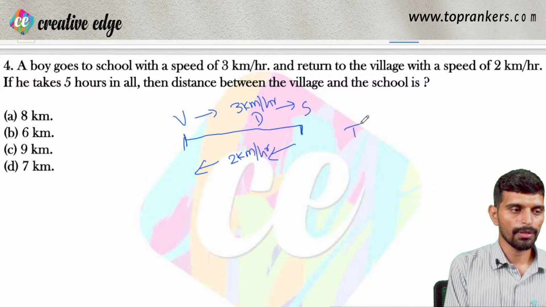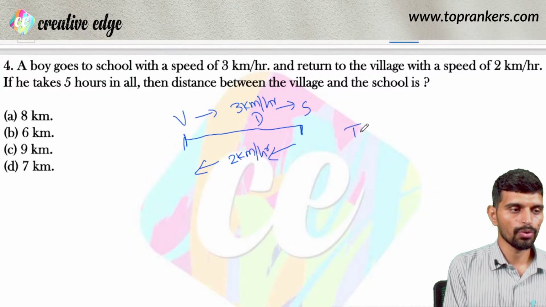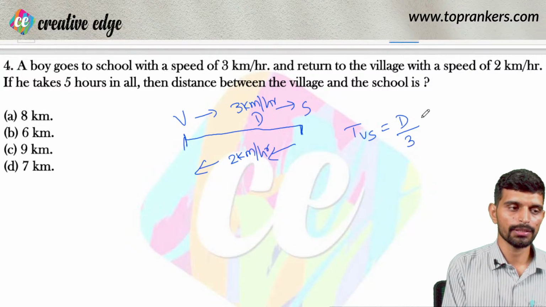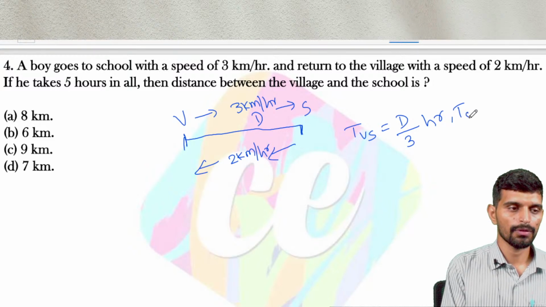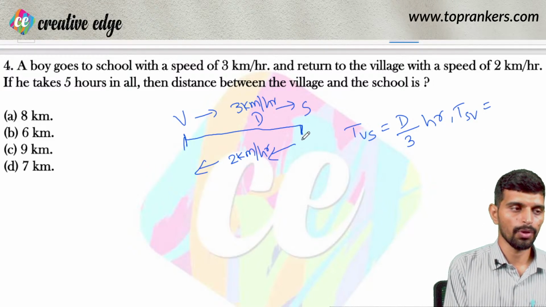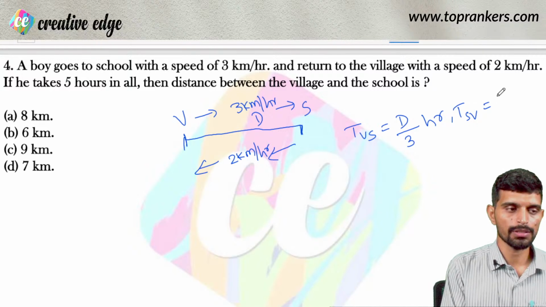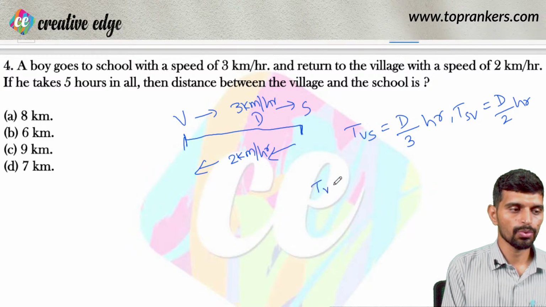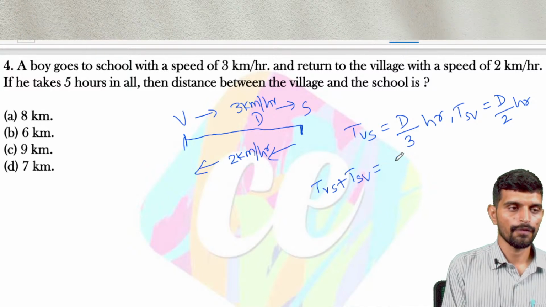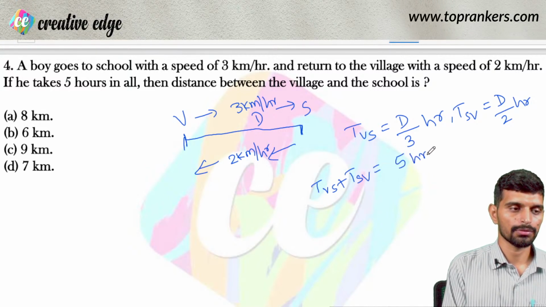So time taken in going from village to school will be distance by speed, that is d by 3 hours, and time taken when the boy is going from school to the village is d by 2 hours. And sum of these two times is given to us as 5 hours, right?